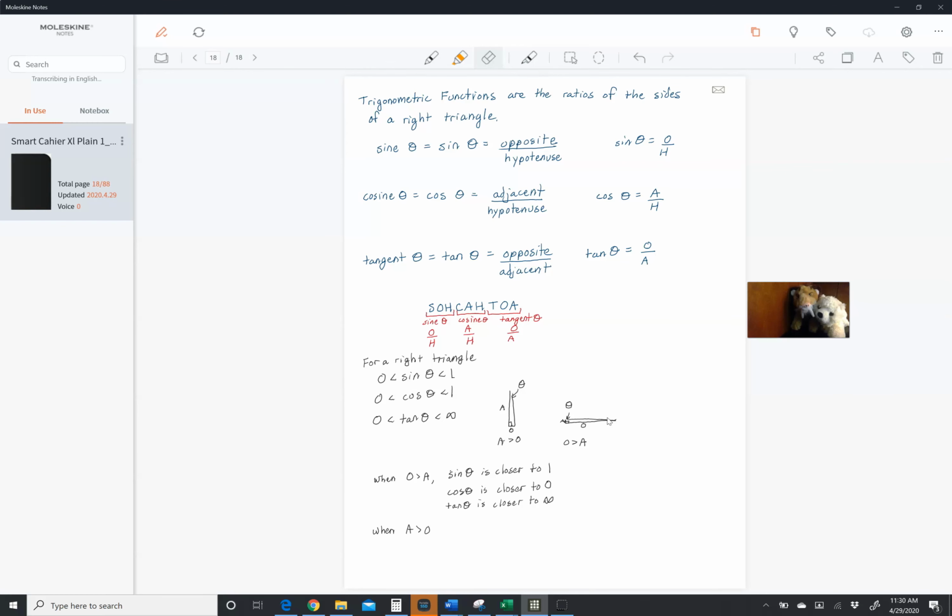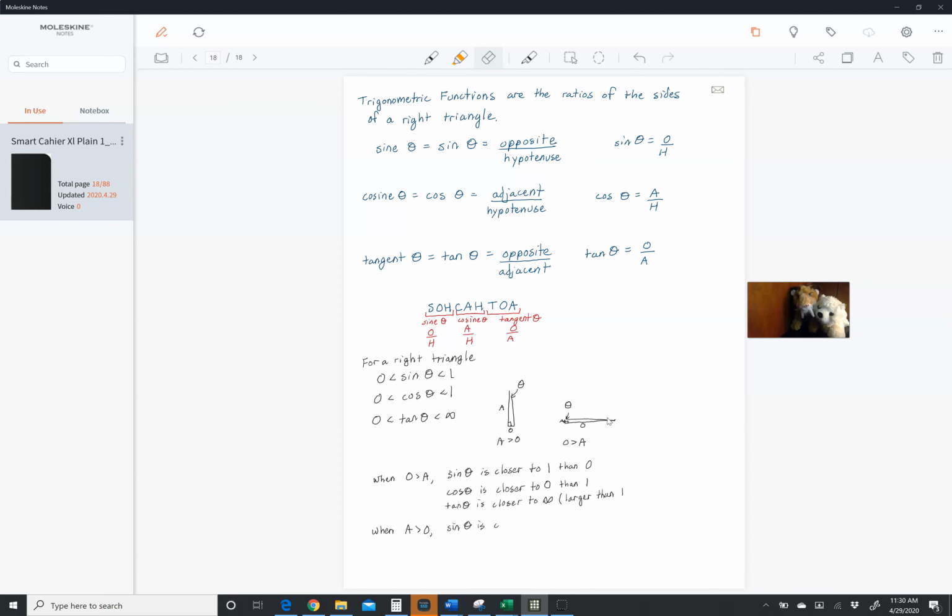Whereas when A is greater than O, the opposite happens. The sine of theta is closer to 0 than 1. And what we're really saying here is that it's larger than 1. We don't know how much larger. It could be much larger.